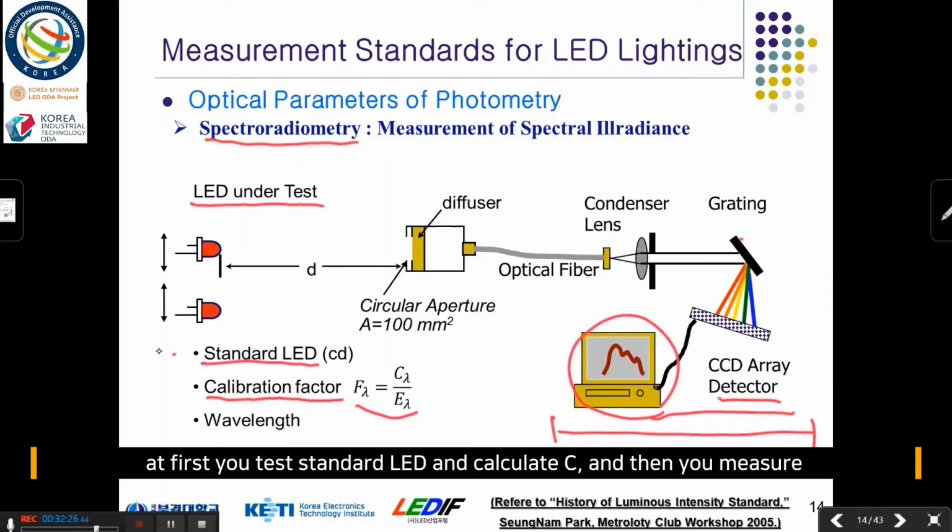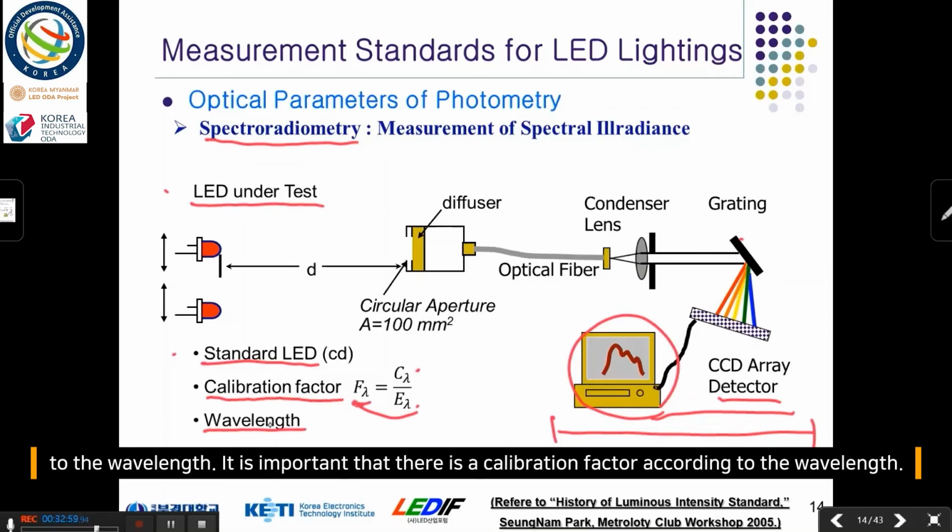At first, you measure the standard LED and calculate the C lambda, and then you measure the LED under test, extracting E lambda, then calculate the calibration factor F lambda according to the wavelengths. It is important that there is a calibration factor according to the wavelengths.